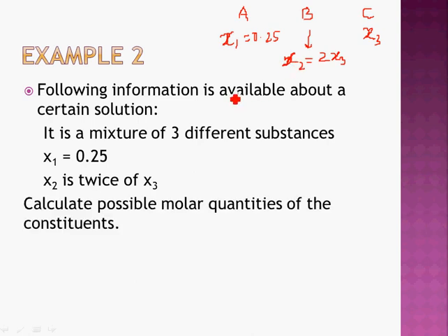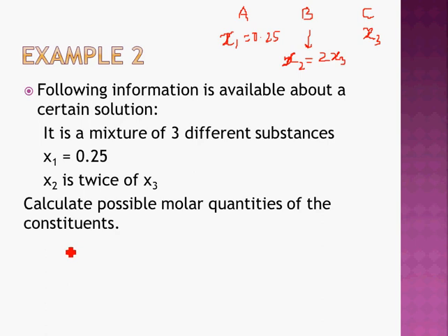We have to calculate possible molar quantities of the constituents, that is, possible values of moles of A, B and C. So basically I have to calculate N1, N2 and N3.